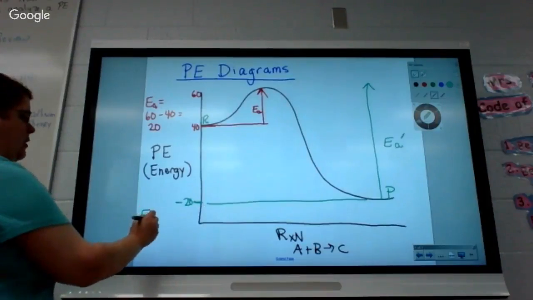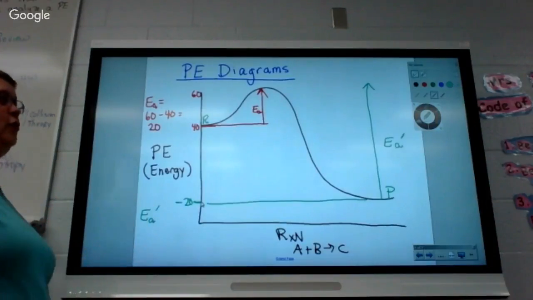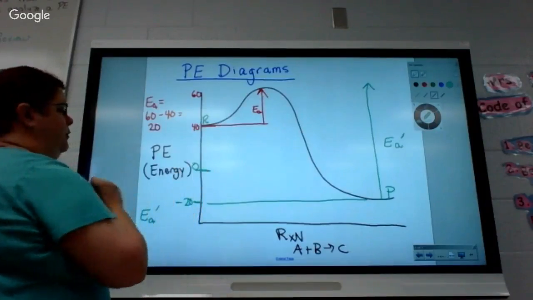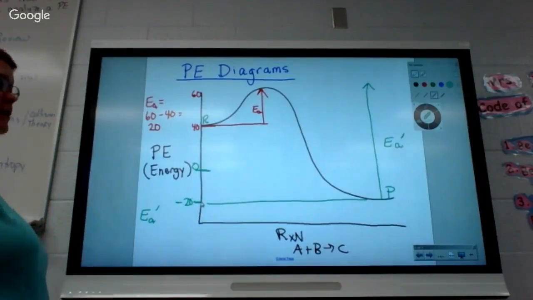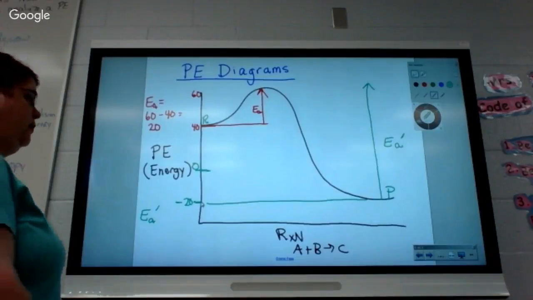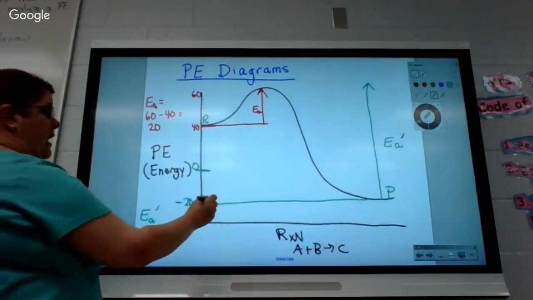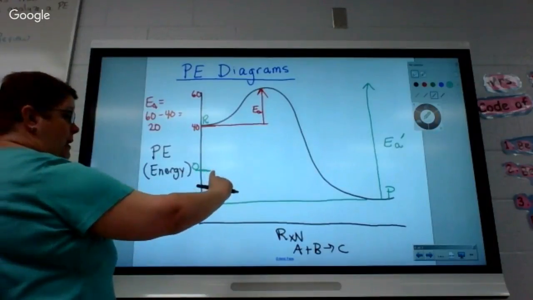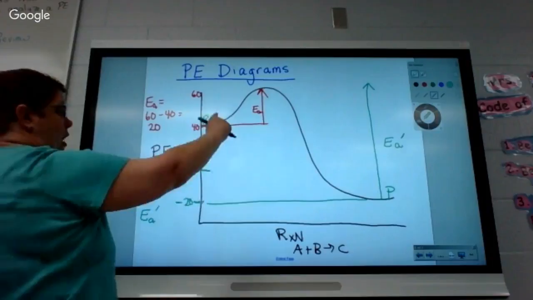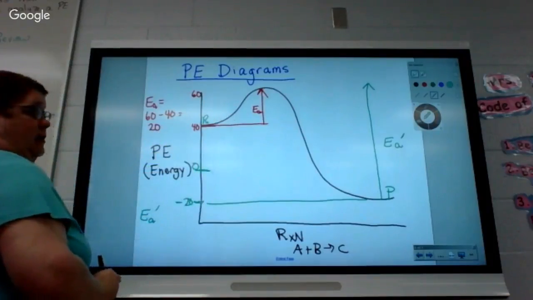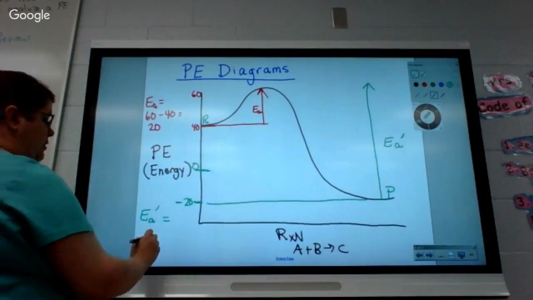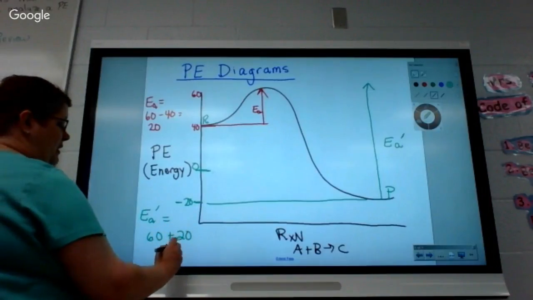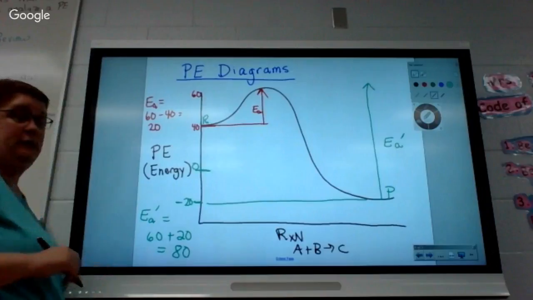So EA reverse would be what? All right, so we put a little 0 in right here. Would it be 80? All right, it would be 80. Now, so you're going from negative 20 to 0, which is how far? That's 20. And then you're going from 0 to 60, which is what? So you're actually going 60 plus 20, which is 80.